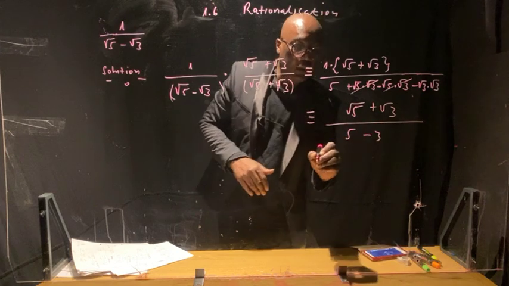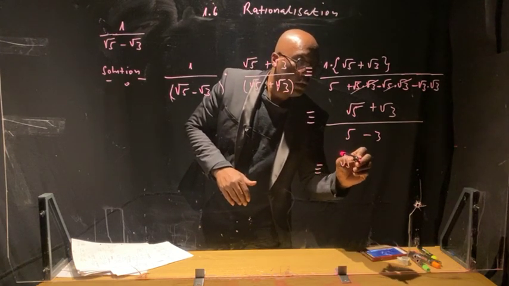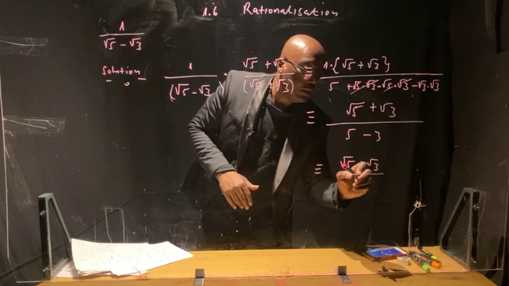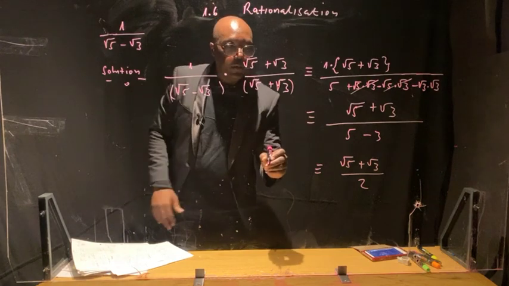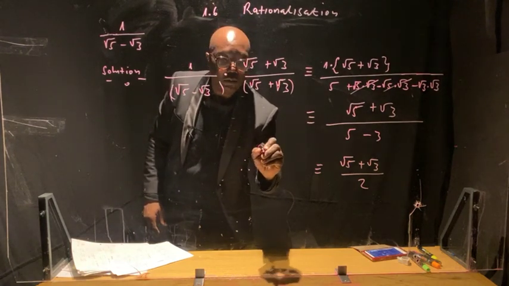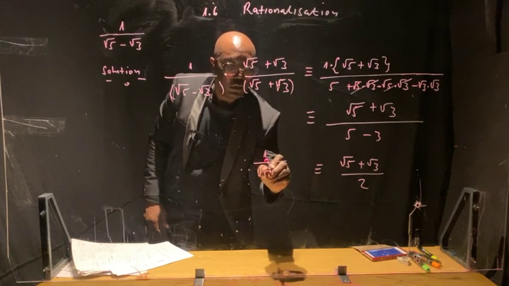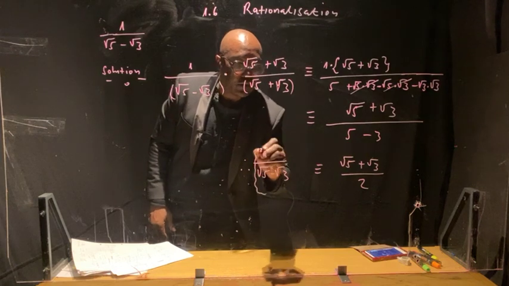So we are left up with root 5 plus root 3 over 2. Therefore, 1 over root 5 minus root 3 is equals to this.